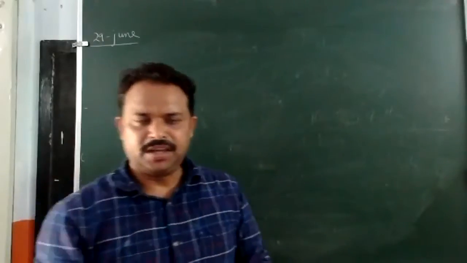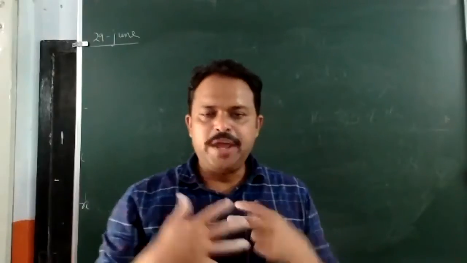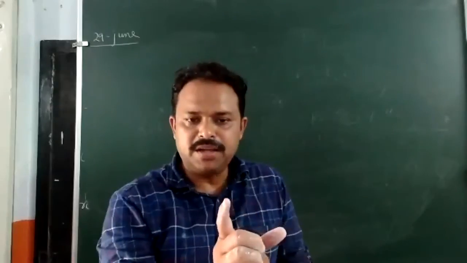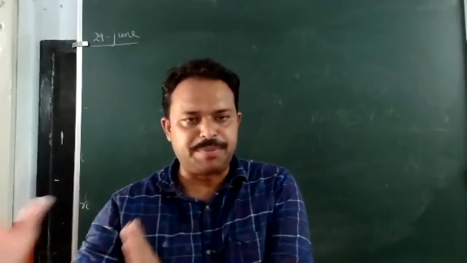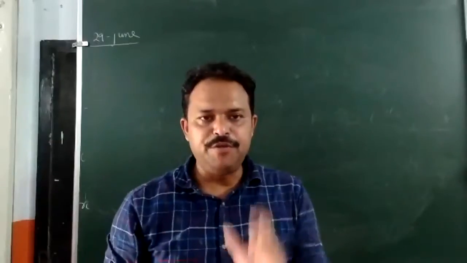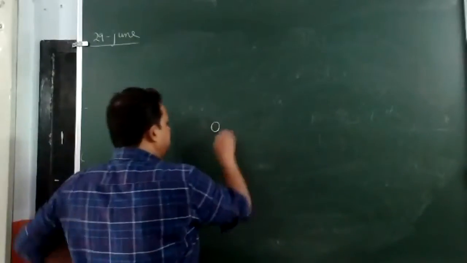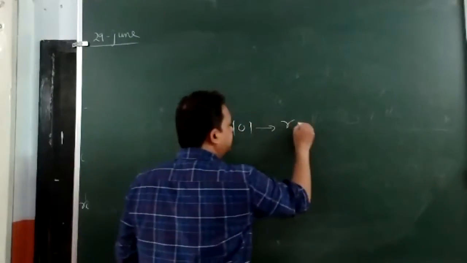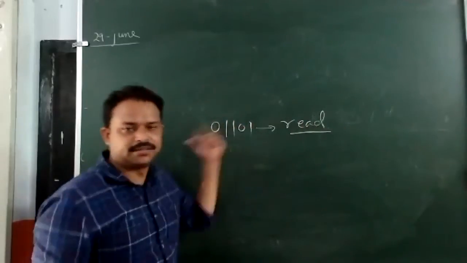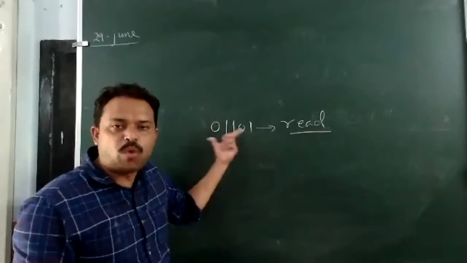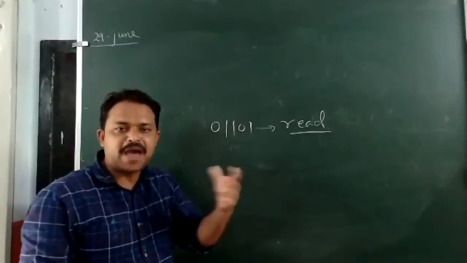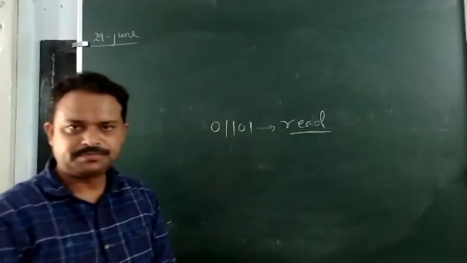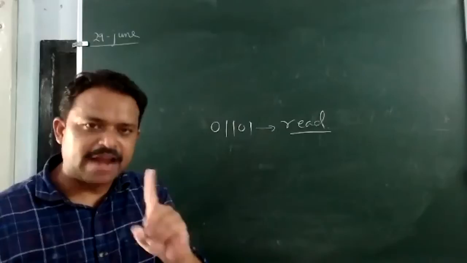Now, very important: in sign magnitude representation, we have learned how to write any number. If I give you one binary value, 01101, please read it. What does this value represent? There are 5 bits, and I'm talking about sign magnitude representation only.